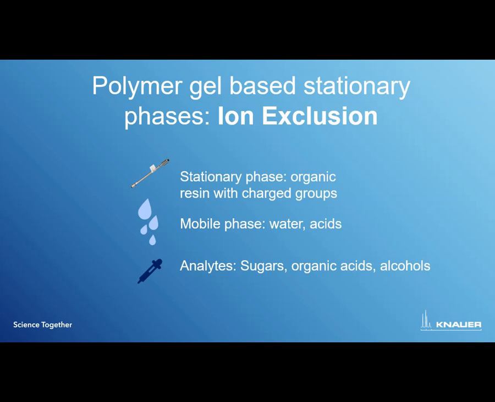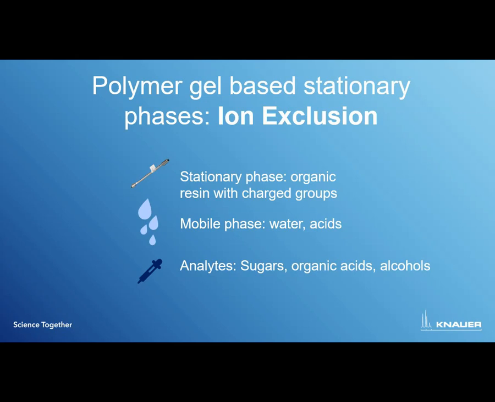And the analytes that are used here are mainly sugars or other carbohydrates. Another name for these columns could be sugar columns. So sometimes on the market they are called columns for sugars or sugar columns. And this is caused by the analytes. But they are not only for sugars.